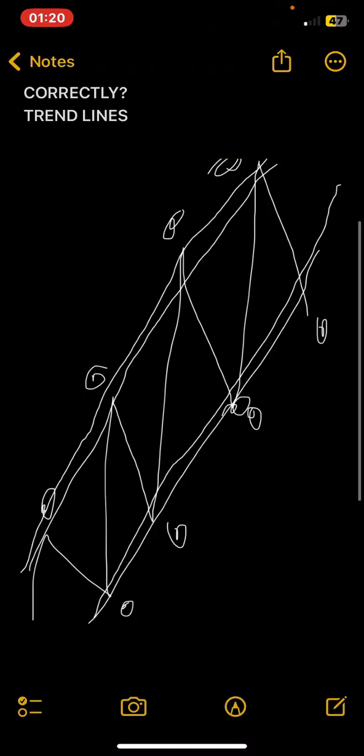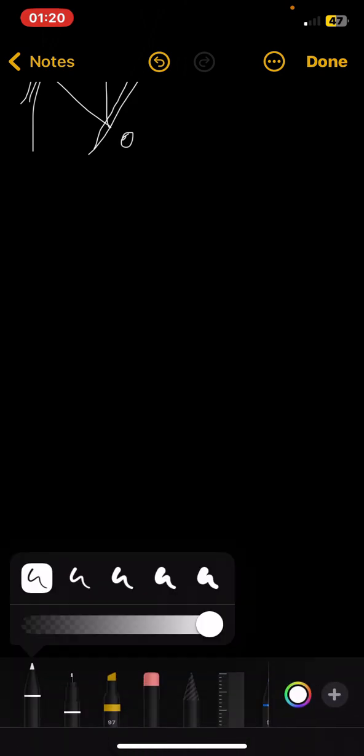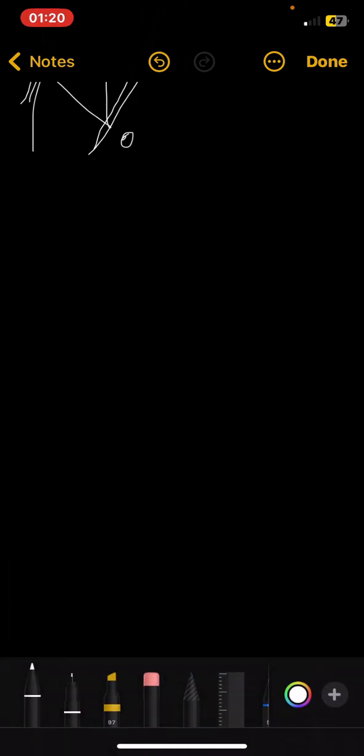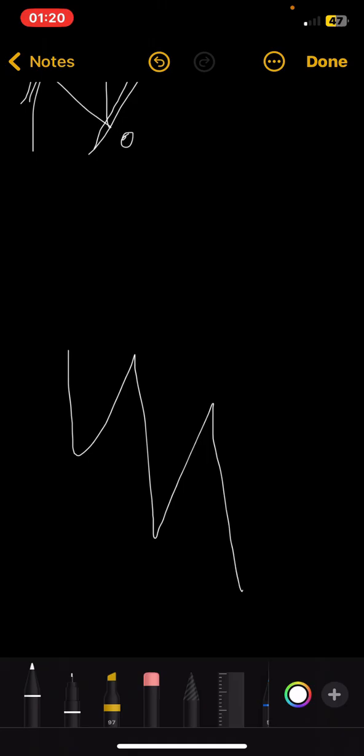Let's use a downtrend to explain better. For a downtrend, we have lower high, lower low, lower high, lower low, lower high, lower low. If you watch, they met at a point. They met here. They met here.